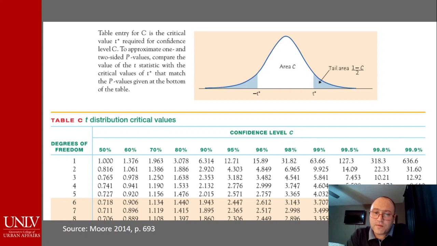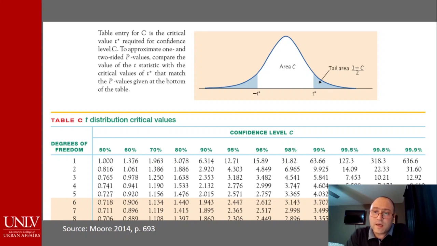Based on the degrees of freedom, we can find the confidence level and critical value, and based on this information we can use the p-values to identify the significance relationship.